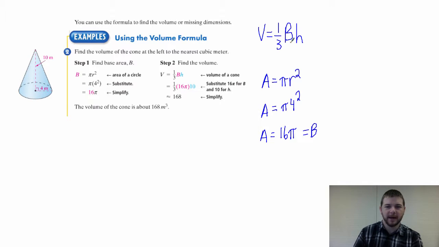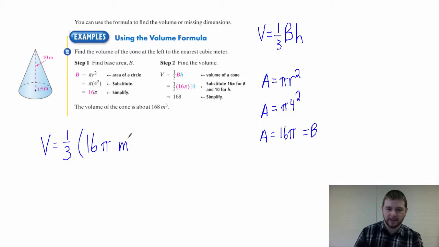So 16 pi becomes our base, so now as we rewrite our formula, it will be that the volume of our cone equals 1/3 of our base area, which we now know to be 16 pi, and more specifically 16 pi square meters, times lowercase h, our height, which noted from the image is 10 meters.